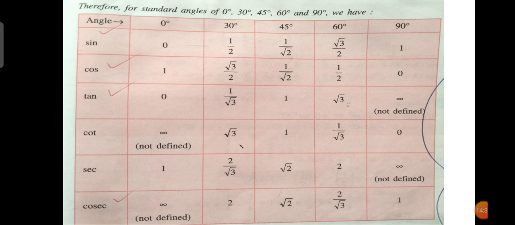That is, base is 1, altitude is 1 and hypotenuse is root 2. So you can easily find it. For those students who are not able to memorize it, this is the shortcut method.